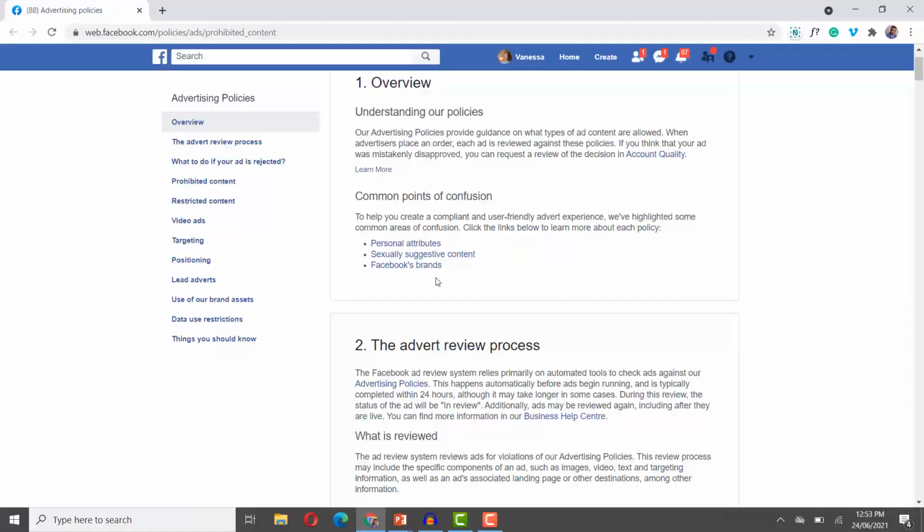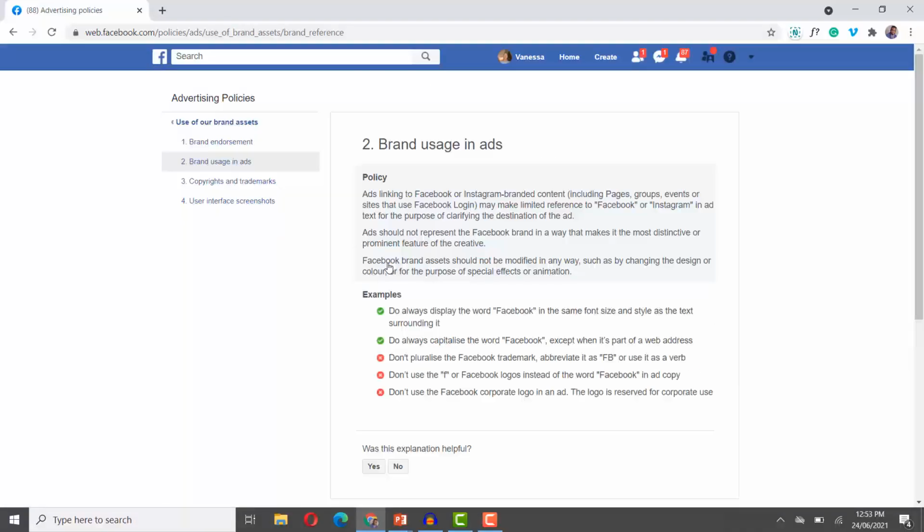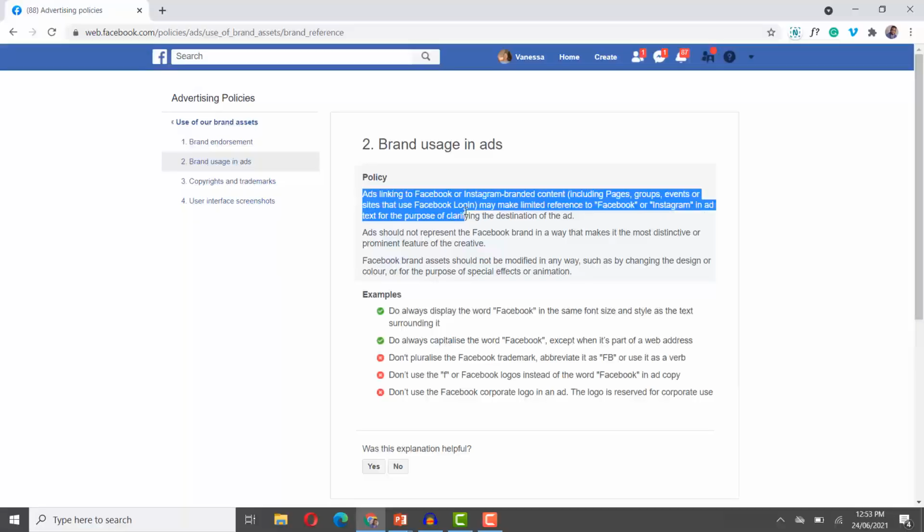Now, Facebook brands: you have Facebook, Instagram, WhatsApp. Facebook doesn't want you using their logo, and doesn't want you using their name in a way they don't like. If you must use their logo, use their brand identities, like the F icon here, or the approved images that they provide. They don't want you to do any sort of animation with it. I'll click it and show you.